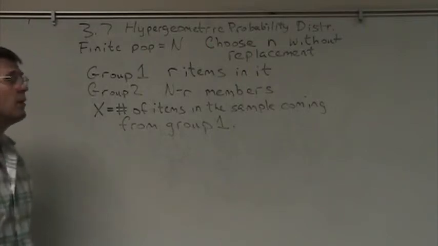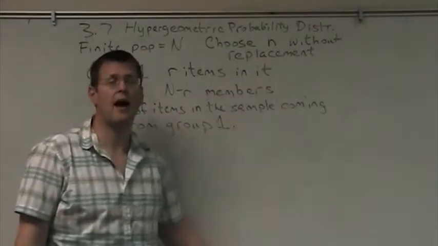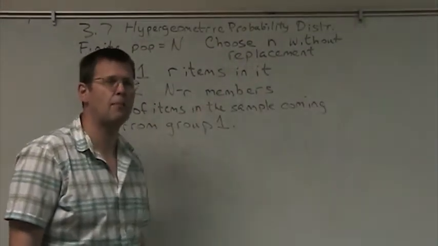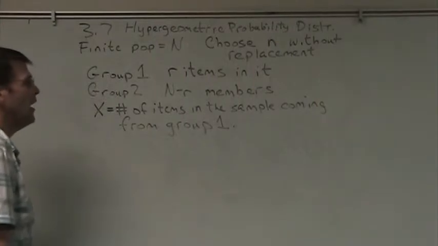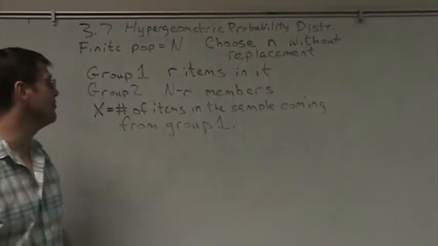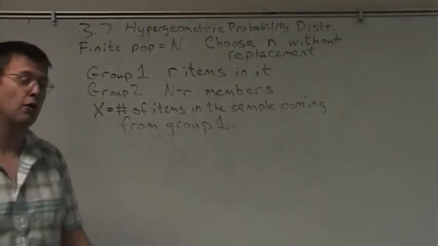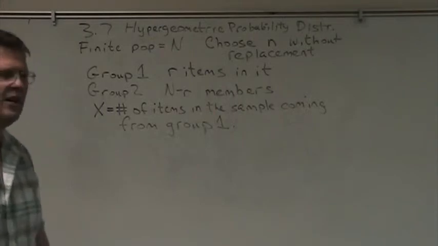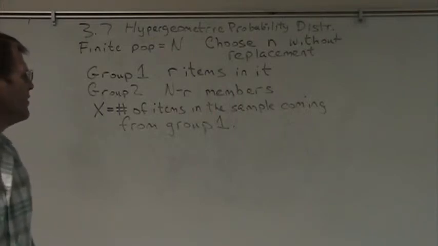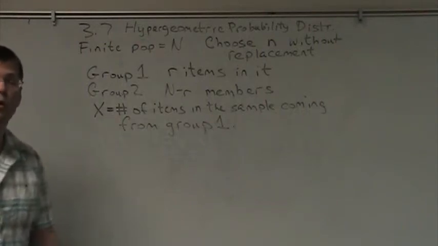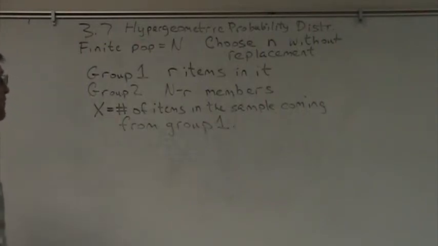Now, the thing you got to remember here is we're choosing items without replacement. So, as we've done in chapter 2 and a lot of other places, this is telling us that we're going to need to use combinations. So essentially, when you go back to section 2.6 and things we also did in 2.8 and to some extent in 2.9, we're using the combination formulas that we use there.